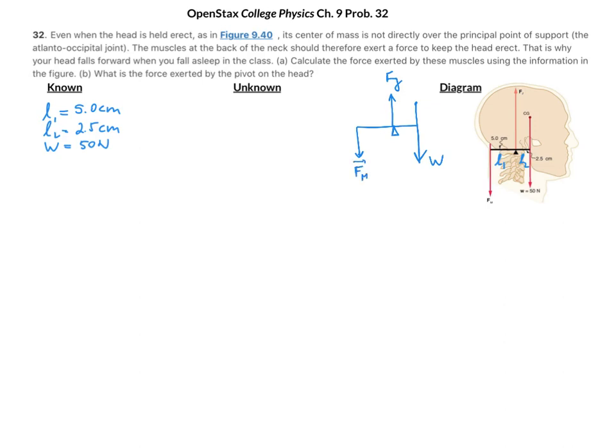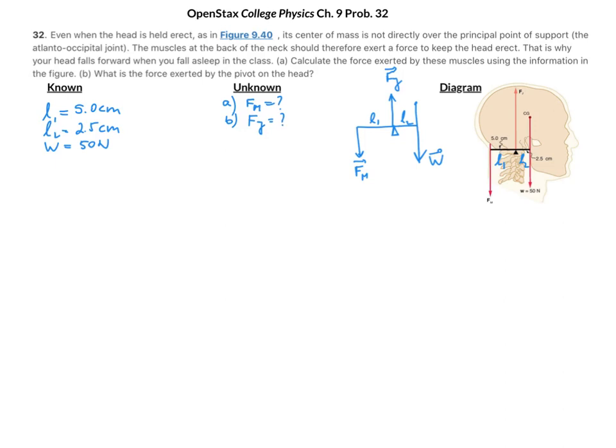They're all vectors, so let's put the vector symbol over them. All right, so this is a little bit clearer. We know that this is L1 and this is L2 over here. So we know a few quantities. We're looking for, in part A, the force exerted by the muscles, so we want F sub m. And in part B, we're looking at the force exerted by the pivot on the head, so we want F sub j.